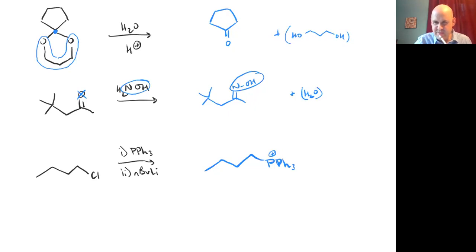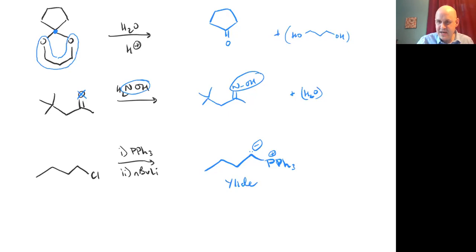This is what makes one of your carbons reactive. Does it add a double bond? It doesn't yet. So this is how we make the ylid. So first we add this, and then N-butyl lithium pulls a hydrogen off of that first carbon there. This is how we make that into the negative charge. So this is how we make an ylid. And so we haven't added it to a carbonyl yet, so it hasn't made a double bond yet. But that would be the next step. But an alkyl halide plus triphenylphosphine, and then N-butyl lithium as a base is what's going to make this ylid.